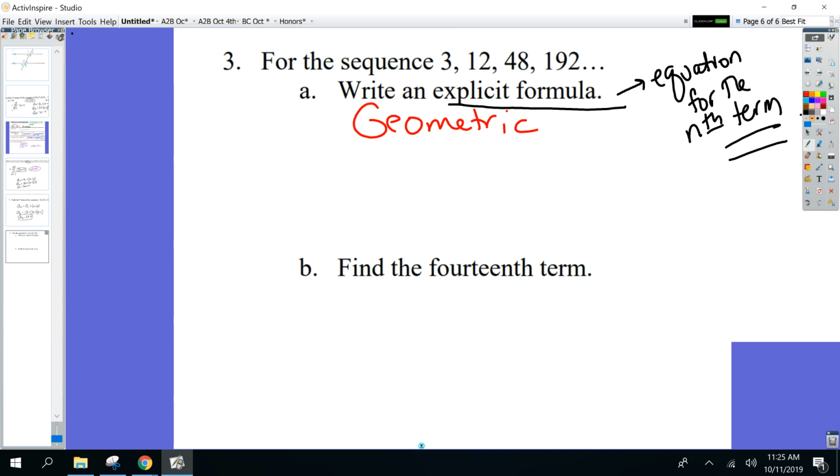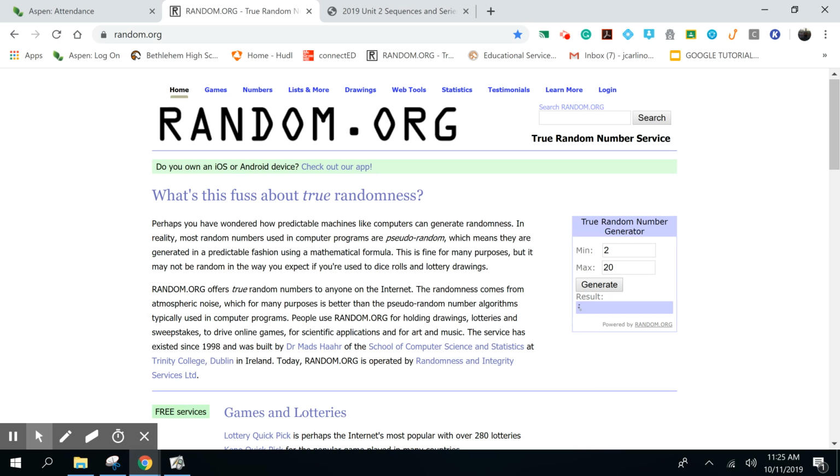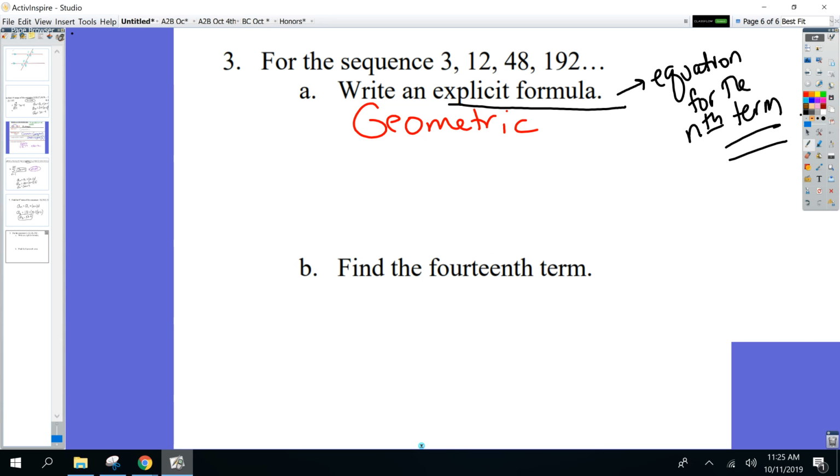So off your formula sheet, what is the formula I'm going to use for the nth term? I'm not adding them up. 8, what formula do I want to use off the formula sheet? Go ahead, Matt, give it. Good.